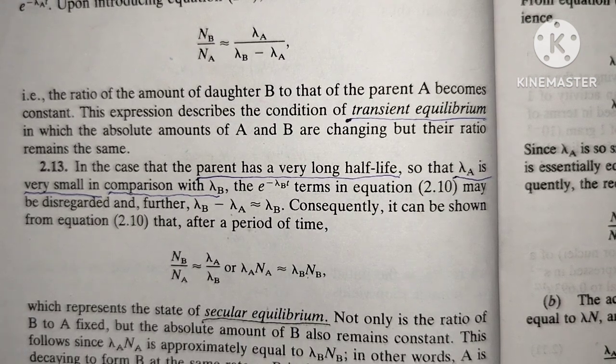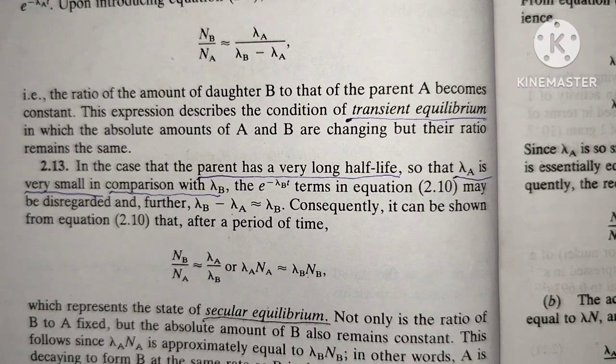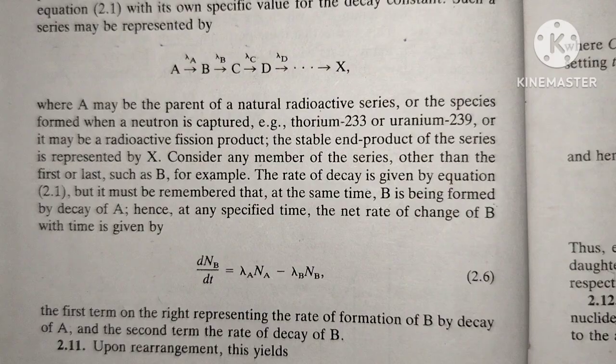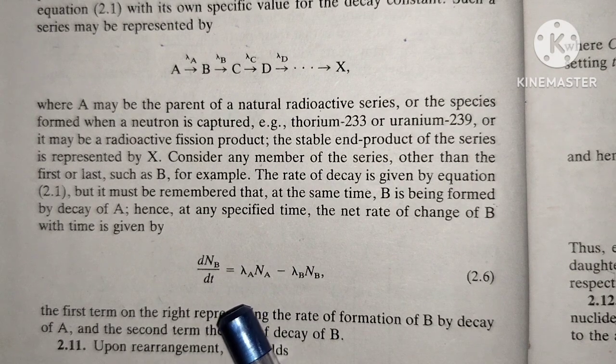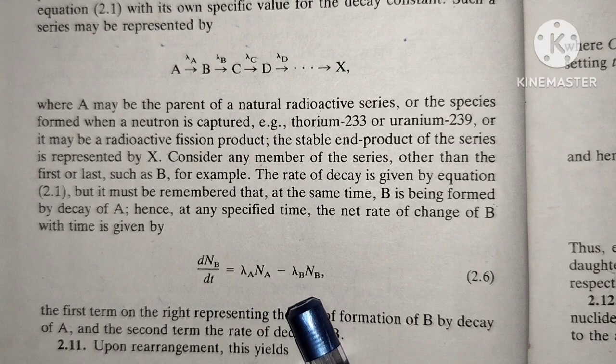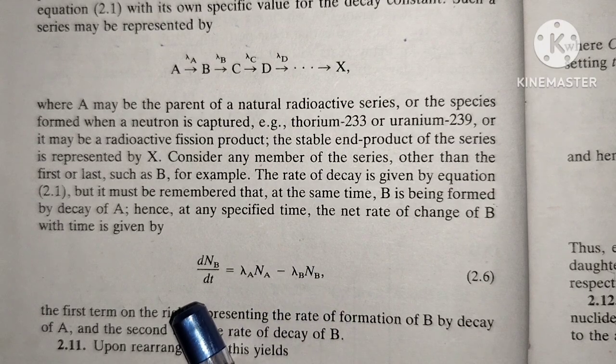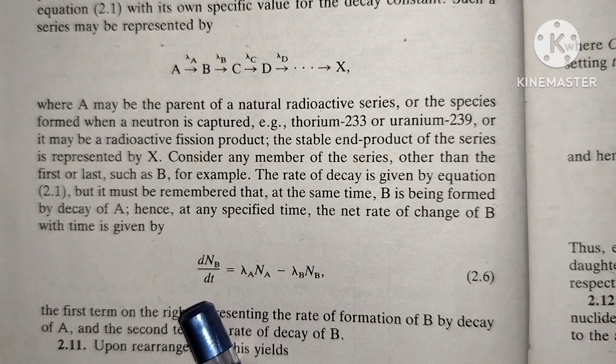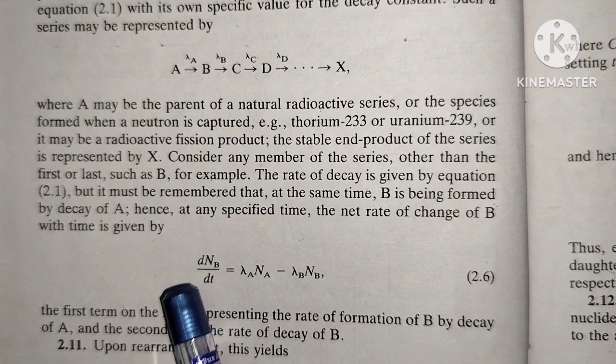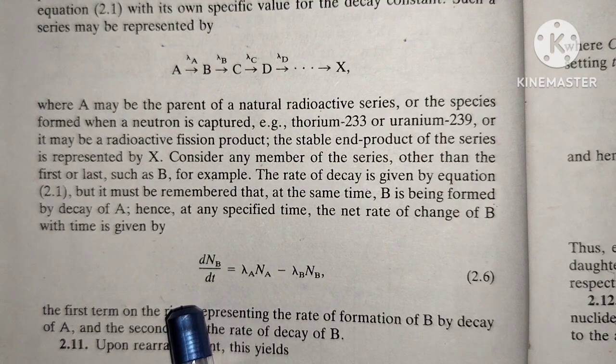But from the very beginning also you can apply this relation for secular equilibrium, in the equation I will show you now. In the beginning I showed this equation: dNB by dt equal to lambda A NA minus lambda B NB. This dNB by dt is the rate of change of radioactive nuclide with respect to time t, meaning how NB is changing with time.